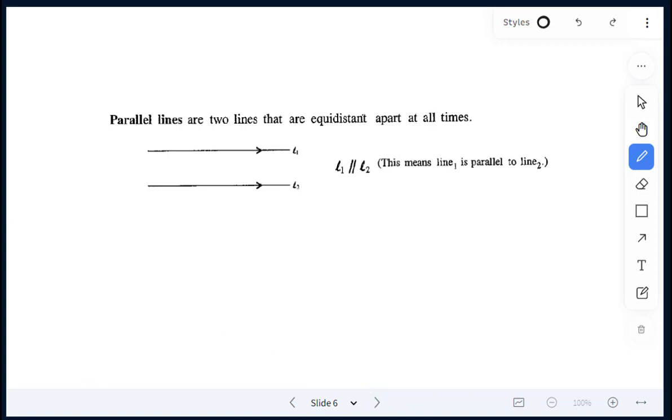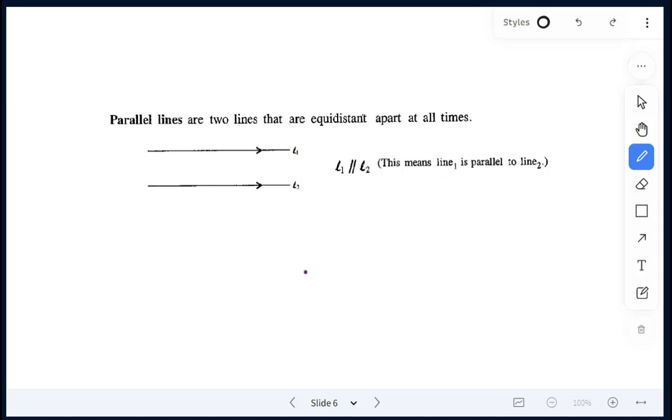Okay, next we're looking at parallel lines. Parallel lines are 2 lines that are equidistant apart at all times, meaning the distance between the 2 lines will always remain the same. Here this is line 1 shown as L1, this is line 2 shown as L2.